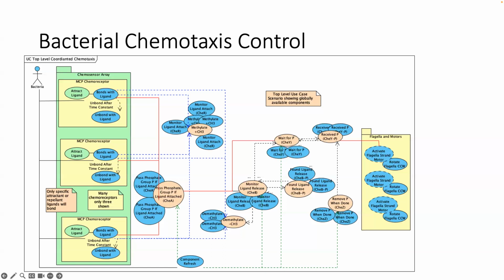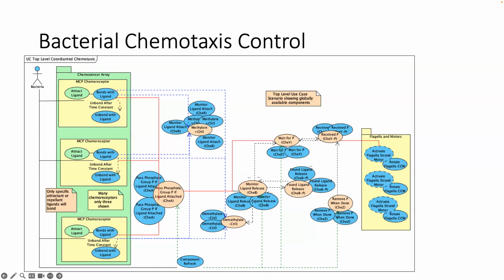Chemotaxis is a bacteria's movement towards or away from chemicals. Chemotaxis control is the mechanism by which chemotaxis takes place. So this part of this presentation talks about E. coli chemotaxis, and the differentiator between this type of chemotaxis and other types of bacterial chemotaxis isn't really seen.